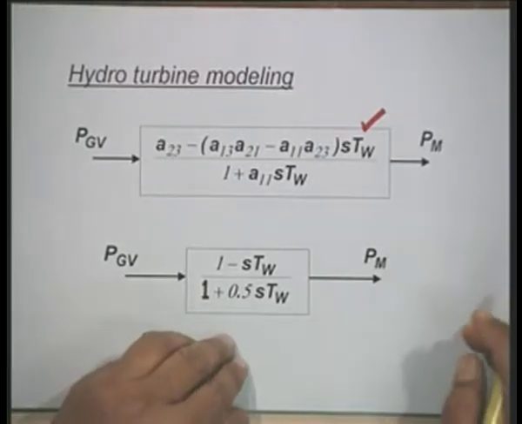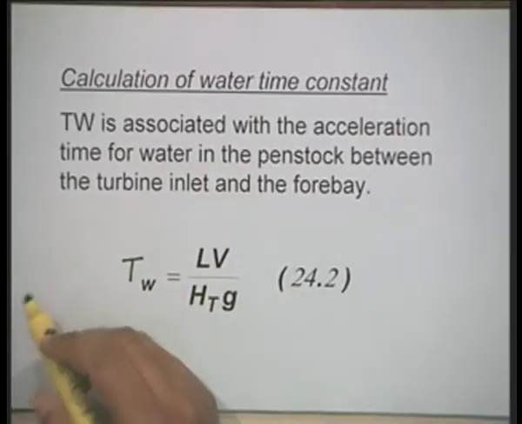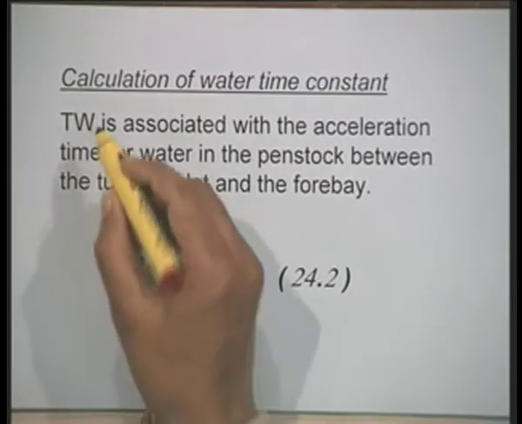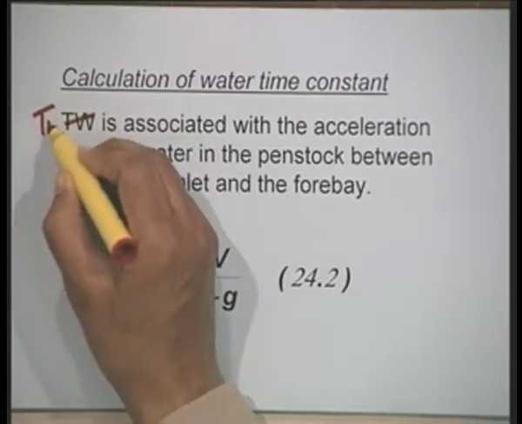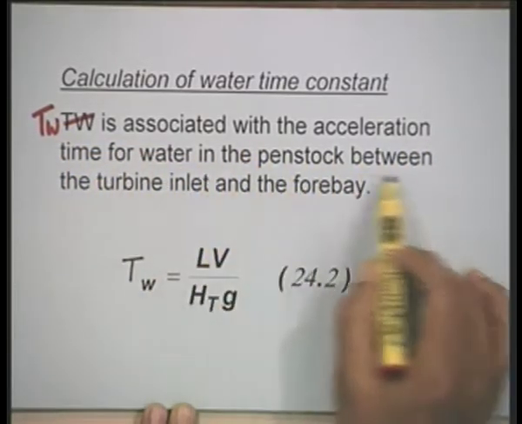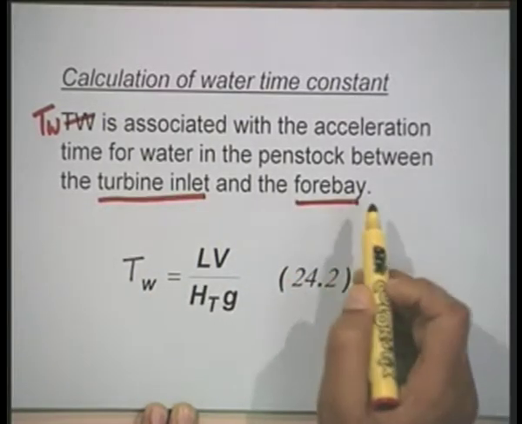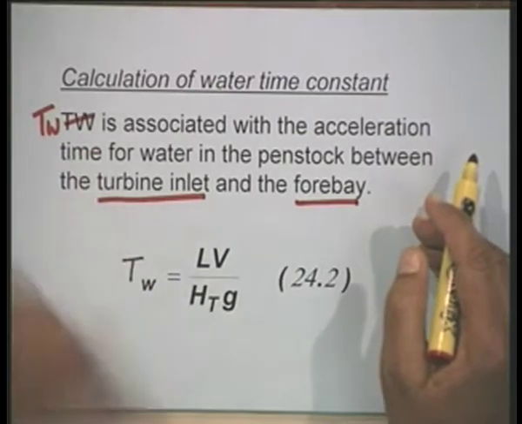Now, let us understand the factors on which this water starting time constant TW depends. This time constant TW is associated with the acceleration time for water in the penstock between turbine inlet and forebay. Basically it represents the acceleration time.